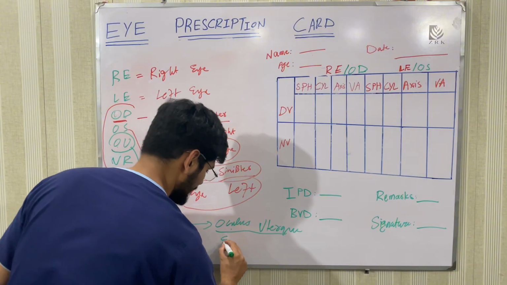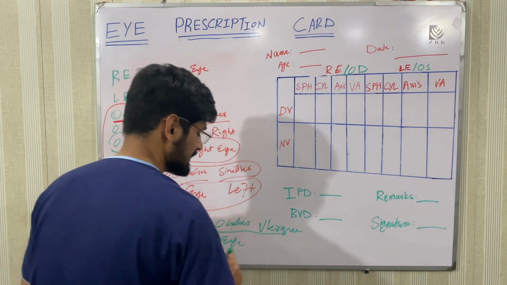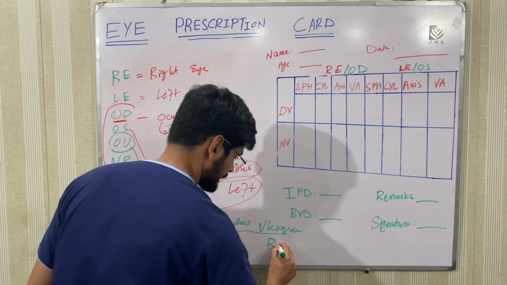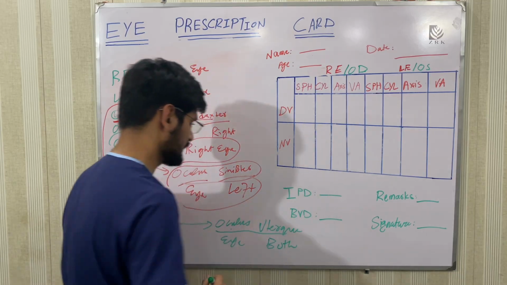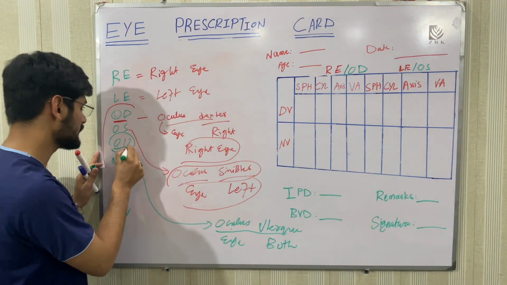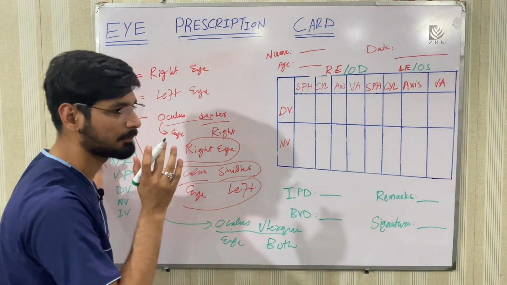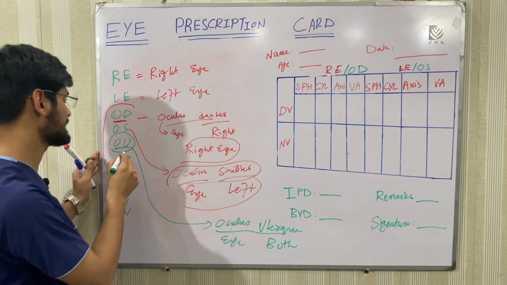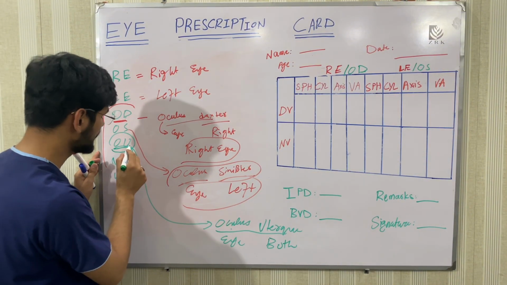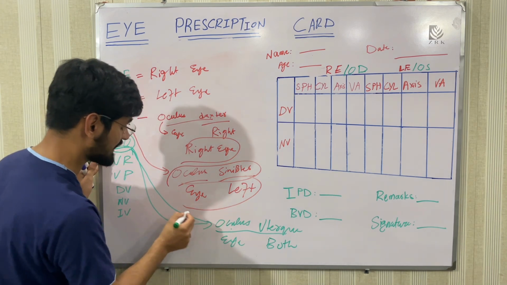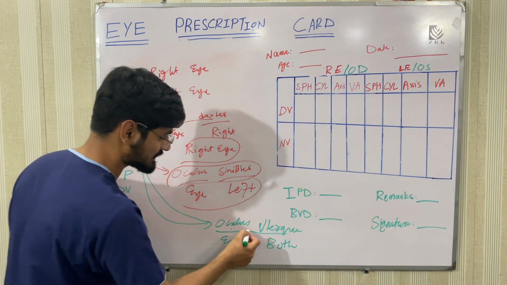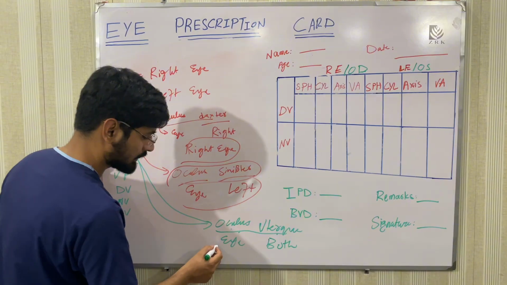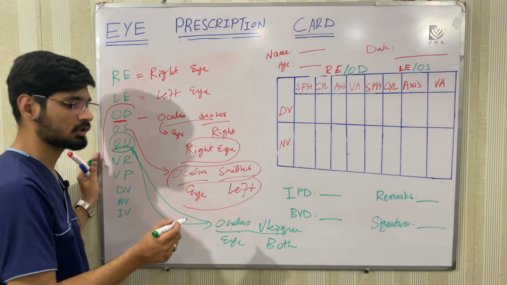Oculus means eye and uterque means both. So if we see OU, it means we are talking about both eyes. OU is an abbreviation of oculus uterque, and it means we are talking about both eyes.